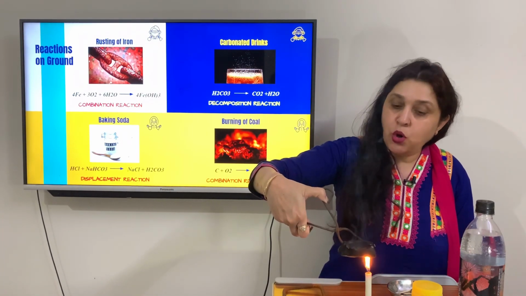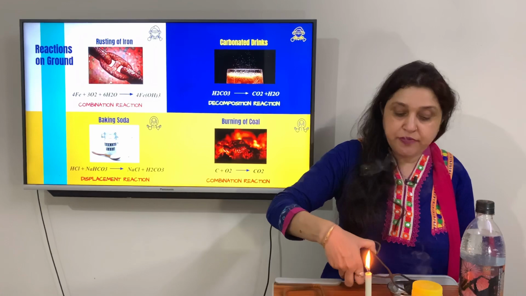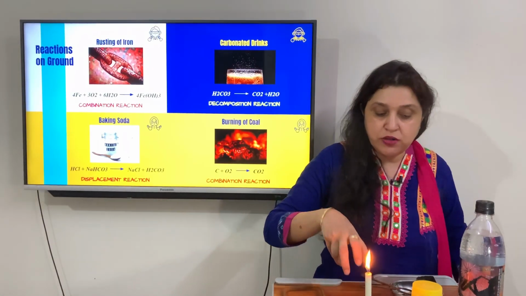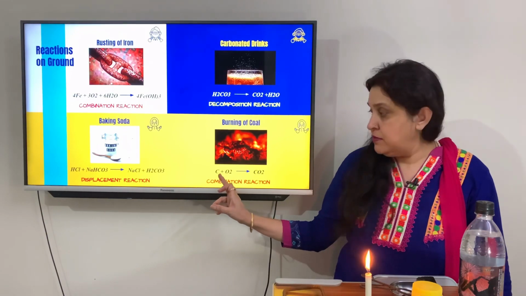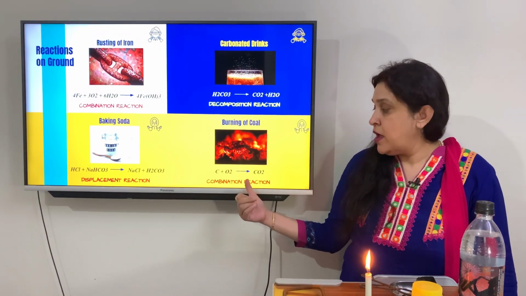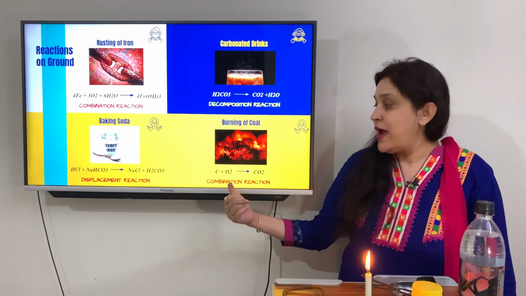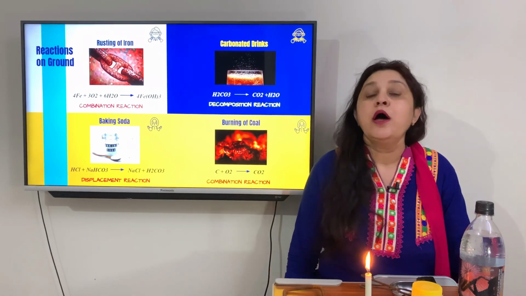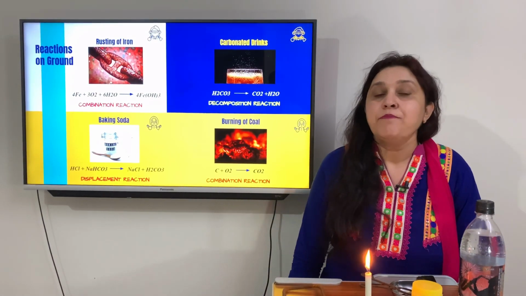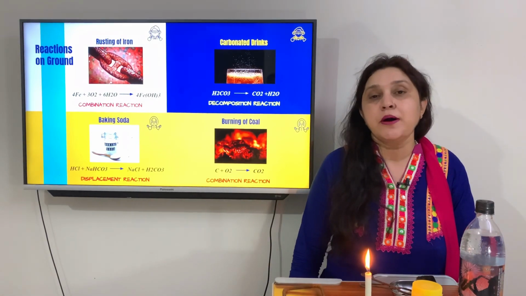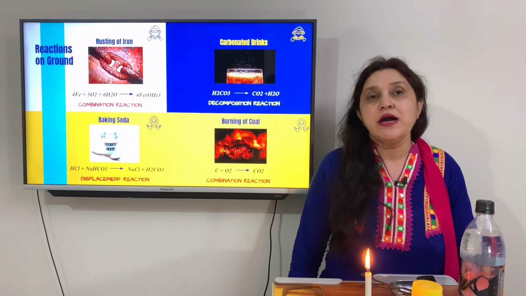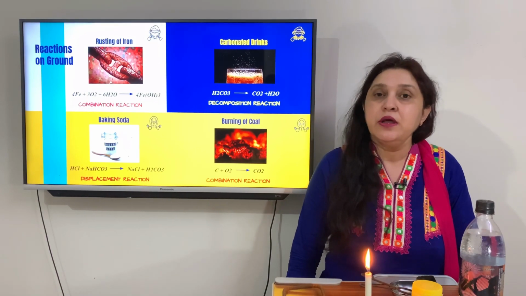When we burn coal in the presence of oxygen, it forms carbon dioxide. C is carbon plus oxygen and it forms CO2, and this type of reaction is called combination reaction because two or more than two reactants form a compound. So such type of reactions are called combination reactions.